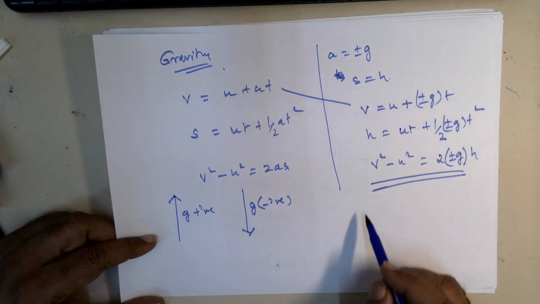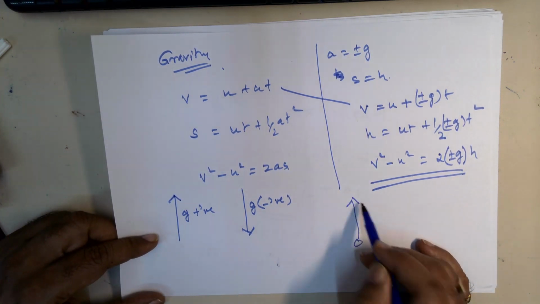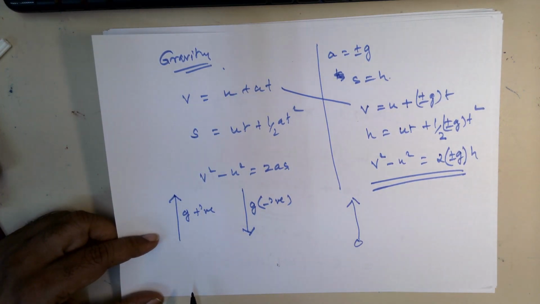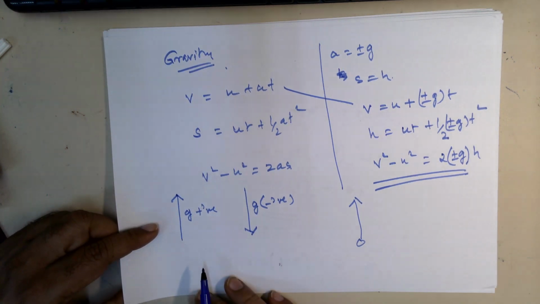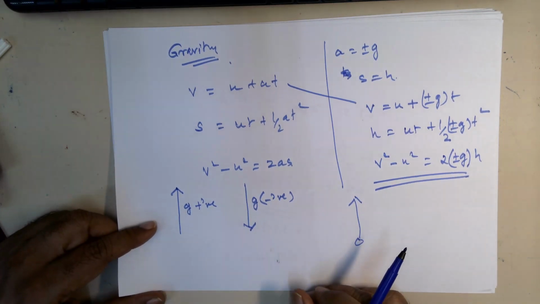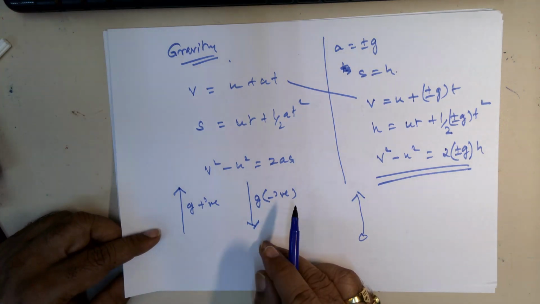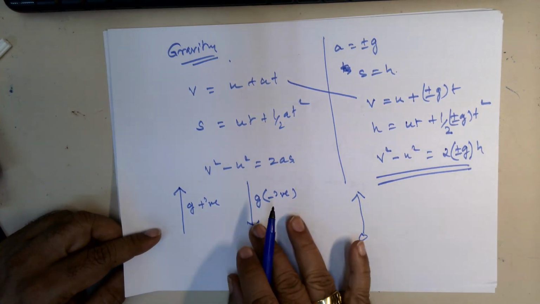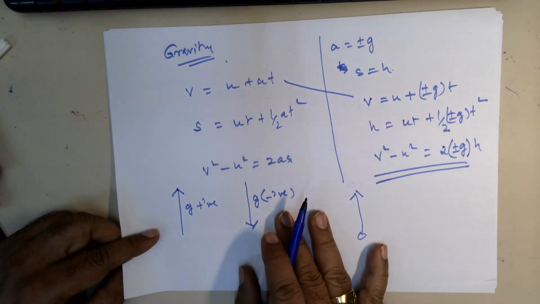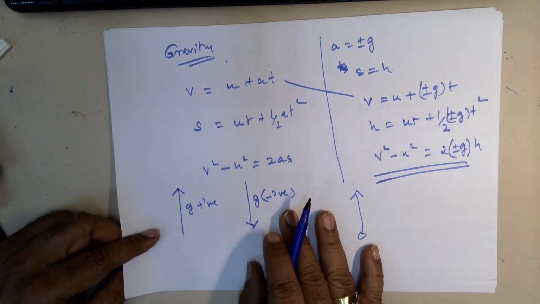Body is thrown upward means it's going against the gravity, will it be negative? Which one? G. You said g when it's going upward is positive, but should it be negative? This is by convention. I will explain when I explain about the vector related to this one.